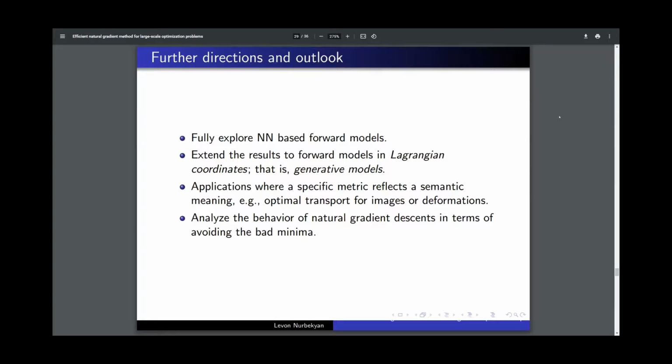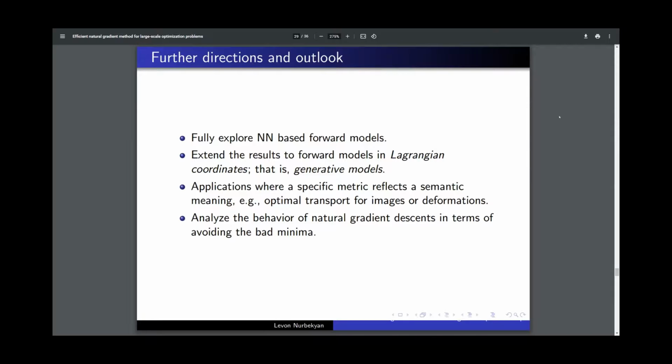So our PDE solution generation can be much faster than traditional methods. Also, I talked about the linear operator. In some cases, it's an inverse PDE operator, so you need to solve a PDE. So perhaps there you can also use neural network methods to accelerate this.